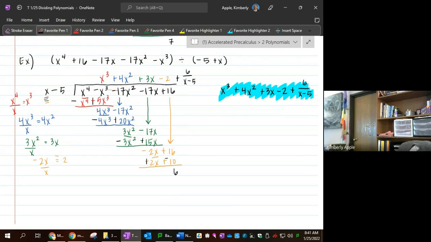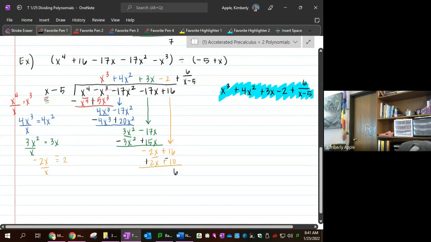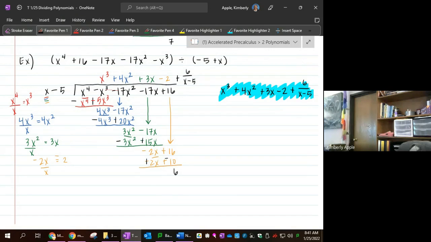So when you did negative x to the fourth, is that plus or minus 5x? So when I did the multiplying, it was minus. But then you subtract all of that.